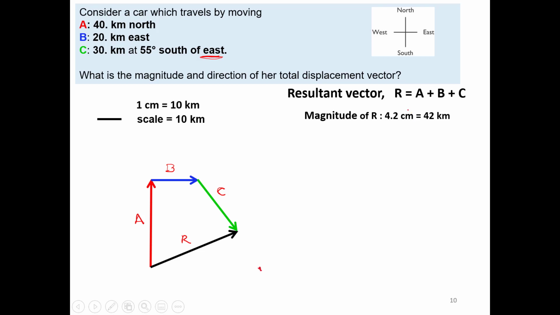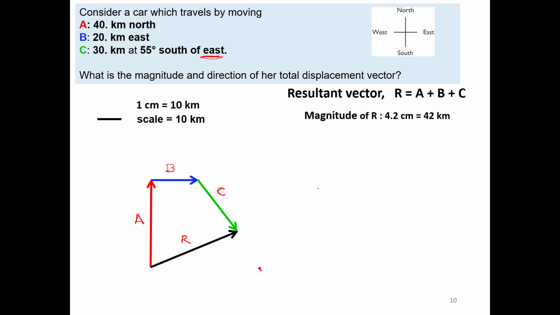This is my scale, and I need to use that scale to give the magnitude of the vector using the correct units, which is kilometers. To measure the magnitude, we use a ruler.